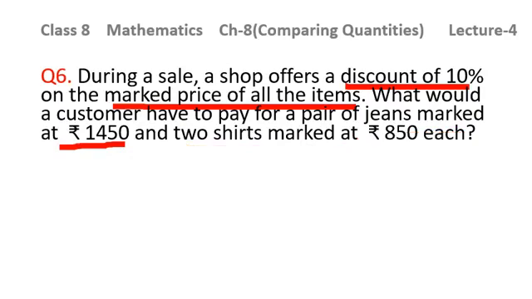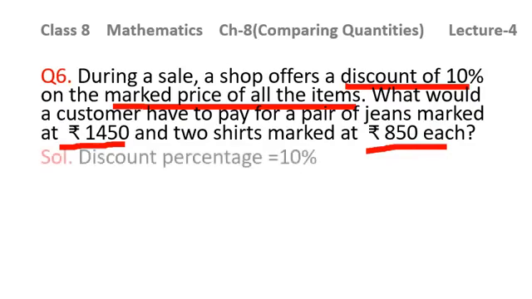In this question, we have to find what will be the selling price in total, because during a sale a shop offers a discount of 10% on the marked price of all the items. Let us see how we will do this question.